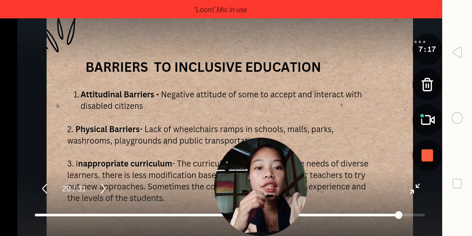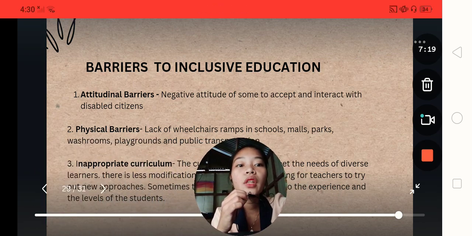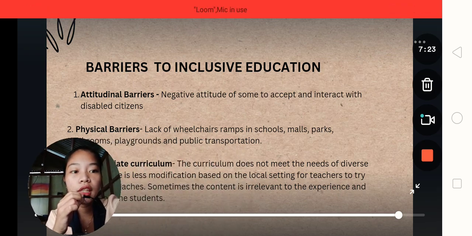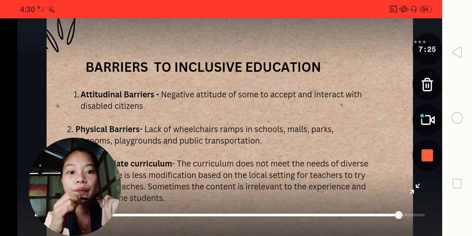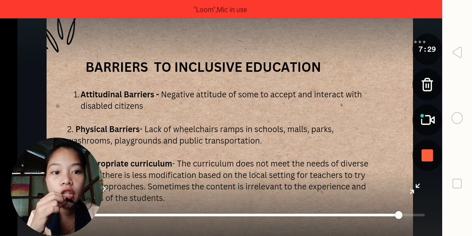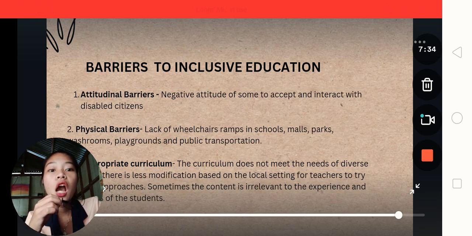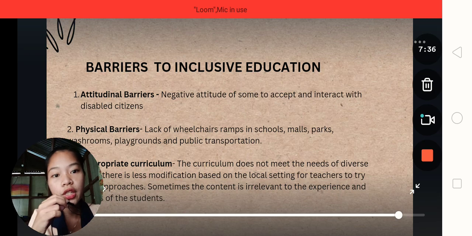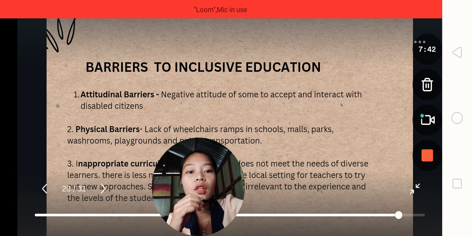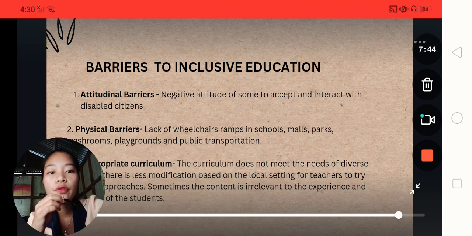Number 3 is inappropriate curriculum. The curriculum does not meet the needs of diverse learners, and there is little modification based on the local setting for teachers to try approaches. Sometimes the content is irrelevant to the experience and the levels of the students.